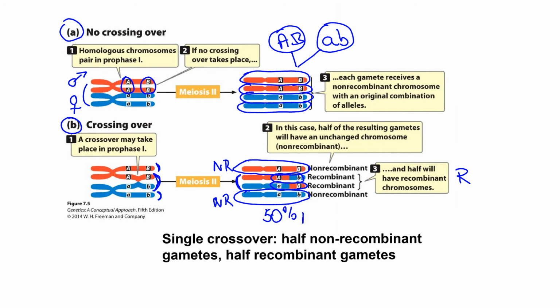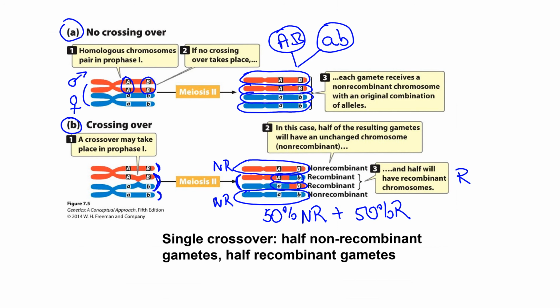So the frequency of recombinant gametes under this scenario will always be half of the frequency of crossing over, and therefore the maximum proportion of recombinant gametes will be 50% if crossing over takes place between two non-sister chromatids.